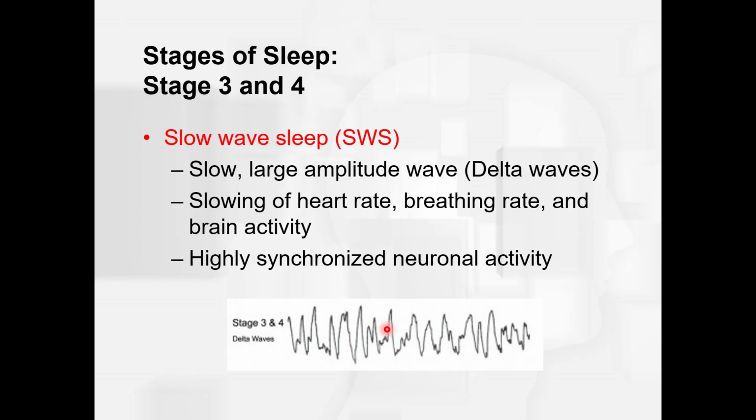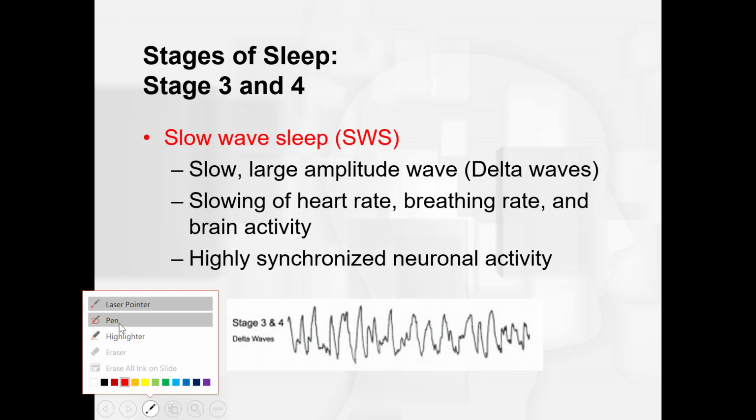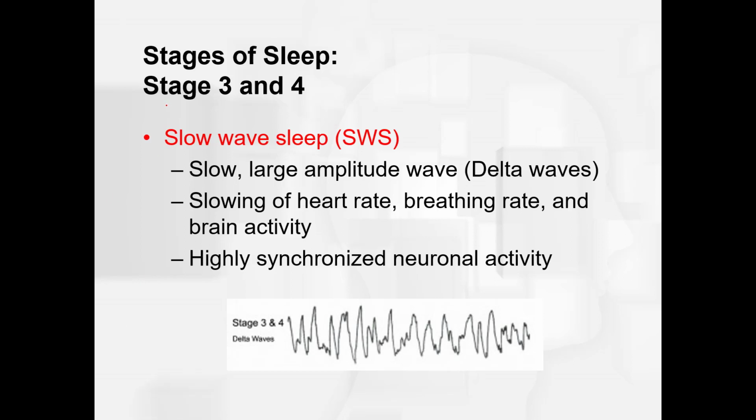So stage 3 and stage 4 are different though, and what differentiates them is that in stage 3 we have less than 50% of these delta waves, and in stage 4 we have greater than 50% of these delta waves.